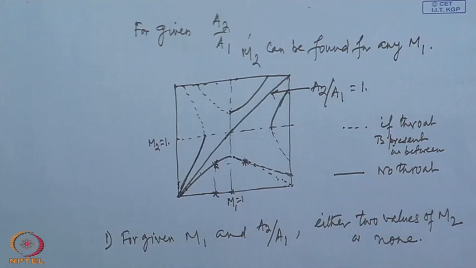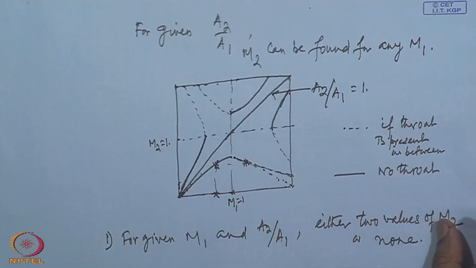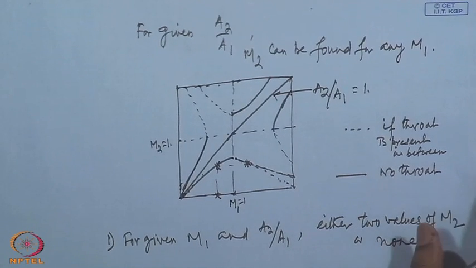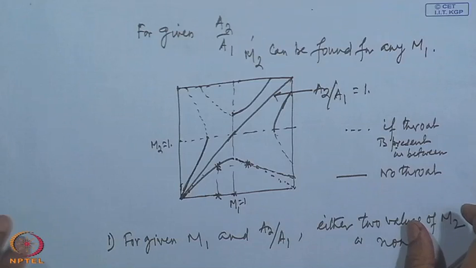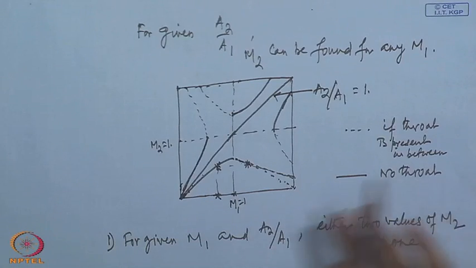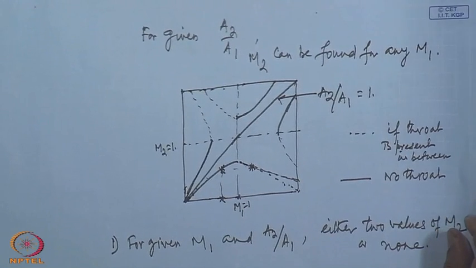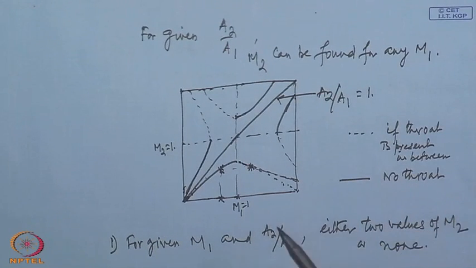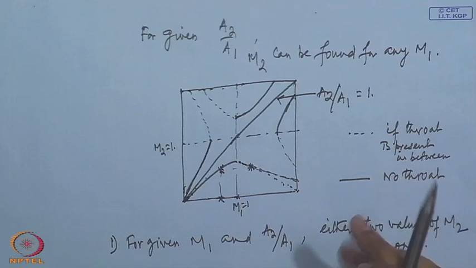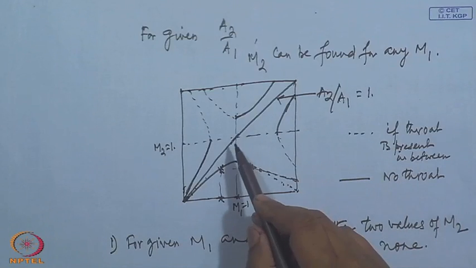If the slight reduction in A 2 is accompanied without any change in condition 1, then it is necessary that the back pressure P 2 is reduced. If we further reduce A 2 and continue to reduce it such that M 2 reaches unity.